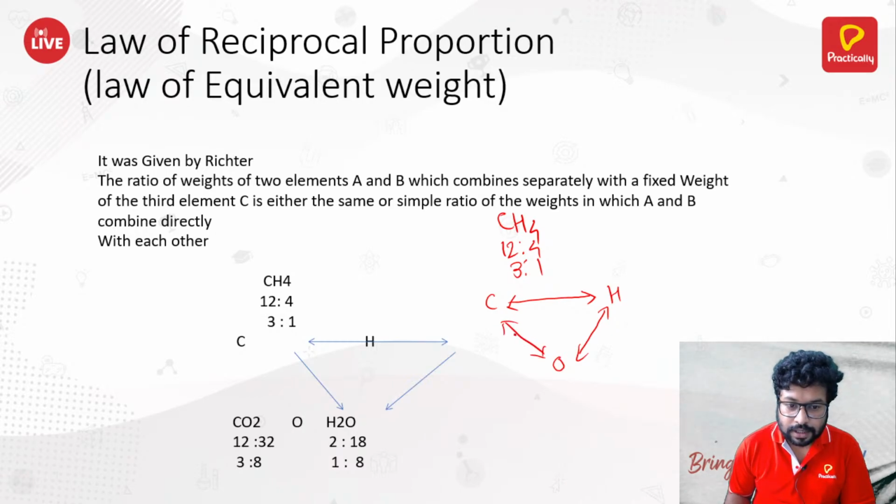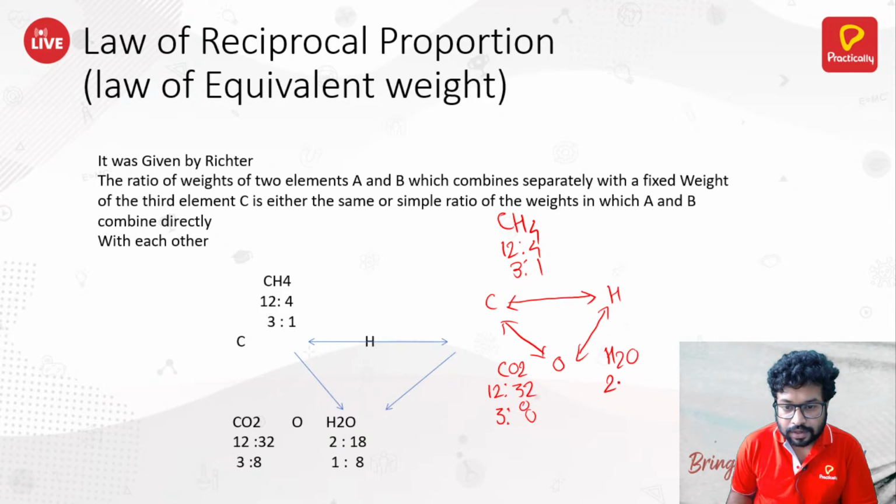Now your oxygen and carbon combine to give us CO2, right? The carbon's atomic mass is 12. There are two oxygens, so 32. The ratio is how much? If you divide both of them by 4, you get 3:8. Similarly, hydrogen and oxygen combine to give you H2O.